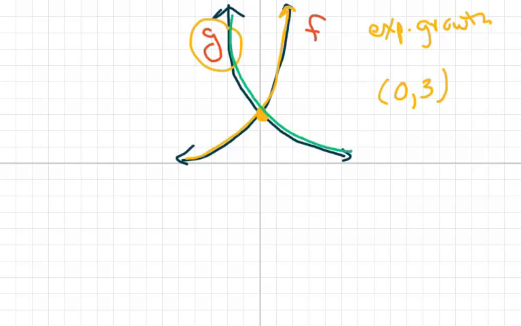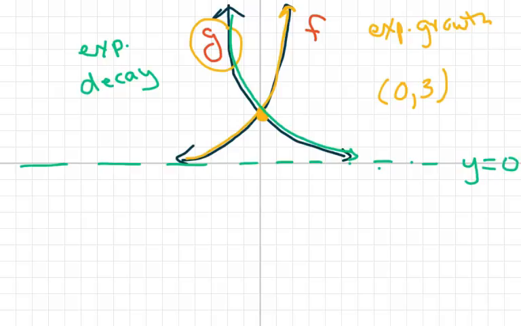And that one is exponential decay. Let me write it over here. g would be exponential decay. They both have the same domain and range. And they both have the horizontal asymptote at y equals 0.